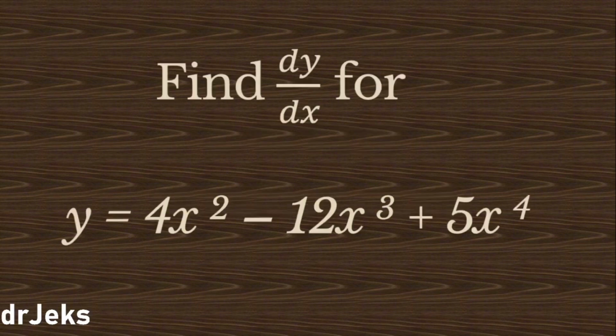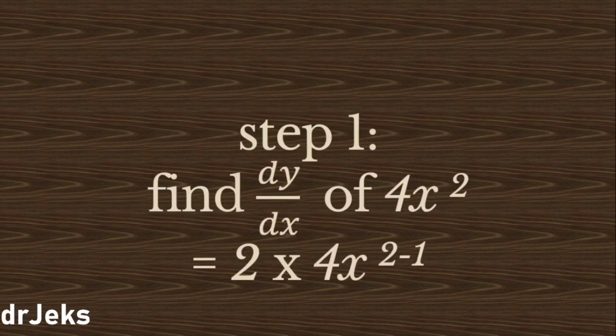Let's try another one. Find dy/dx for one with 3 terms this time: 4x squared minus 12x cubed plus 5x to the power 4. Again, we're going to simply repeat the same process, although with different numbers here. So the first step is to find dy/dx of the first term, which is 4x squared.